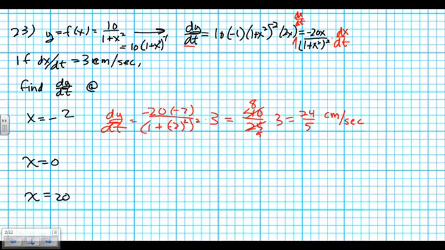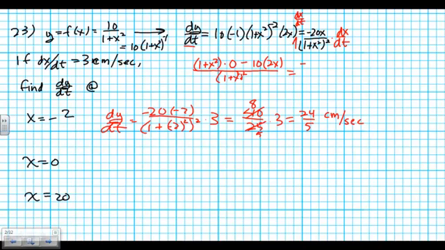Does that answer? It does. I didn't do it that way. I tried to do the quotient rule way. Even if I do the quotient rule, I get the bottom times the derivative of the top minus the top times the derivative of the bottom, all over the bottom squared.